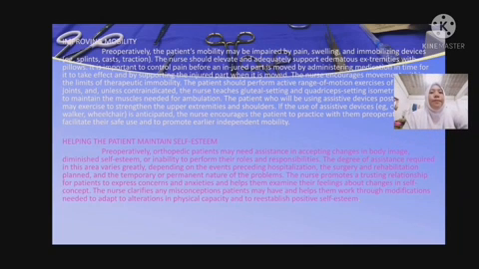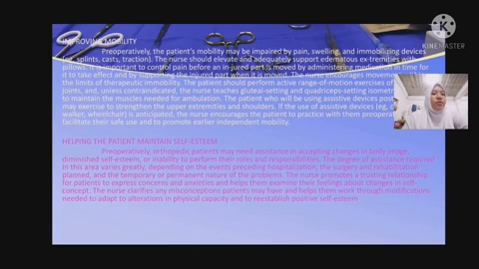For helping the patient maintain self-esteem, the preoperative orthopedic patient may need assistance in accepting changes in body image, diminished self-esteem, or inability to perform roles and responsibilities. The degree of assistance required in this area varies greatly, depending on the event preceding hospitalization, the surgery and rehabilitation plan, and the temporary or permanent nature of the problem.